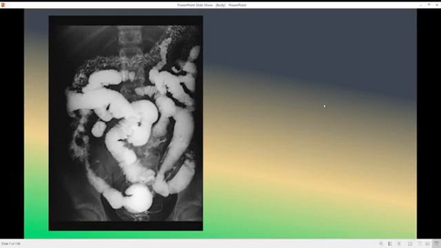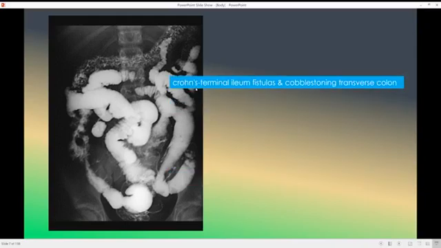Okay, as we see here, this patient has Crohn's disease involving the terminal ileum with multiple fistulae and cobblestone appearance involving the transverse colon.